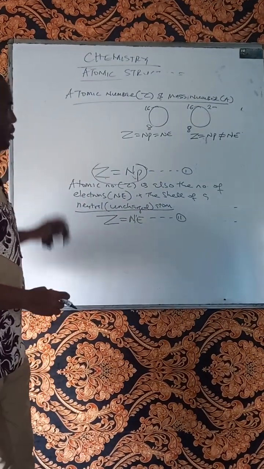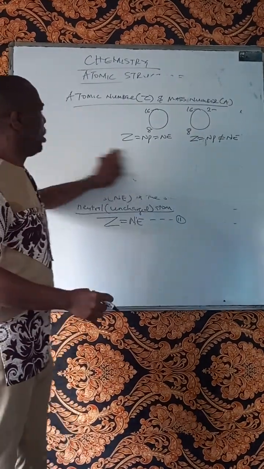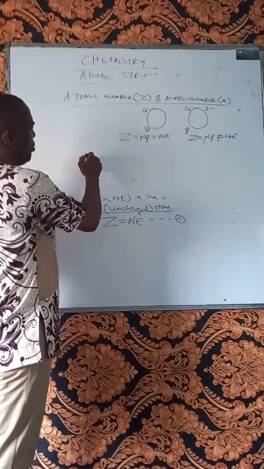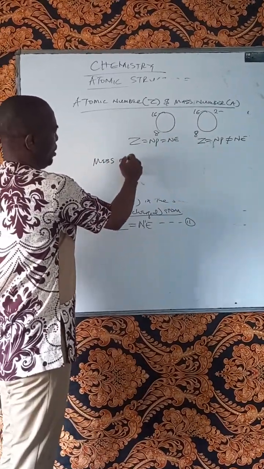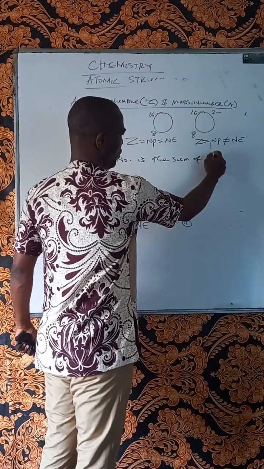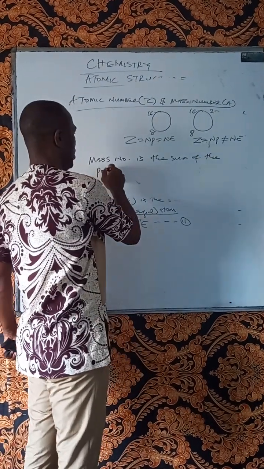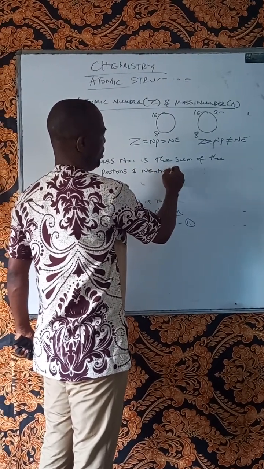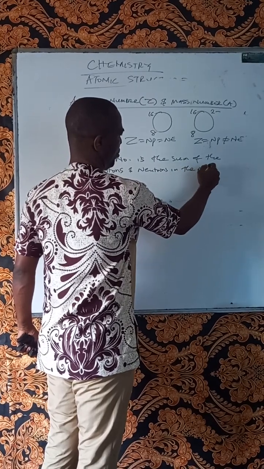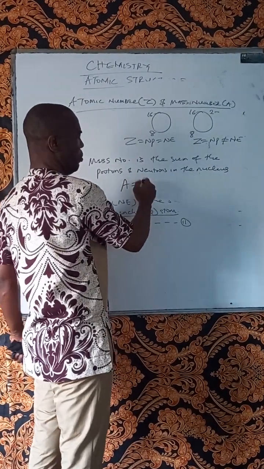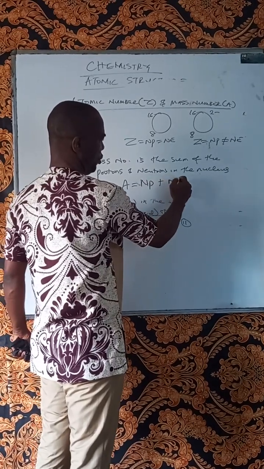Then, going to mass number. Mass number is defined as the sum. Mass number is the sum of the protons and neutrons in the nucleus of an atom. That means mass number is the sum of two things: proton plus neutron.